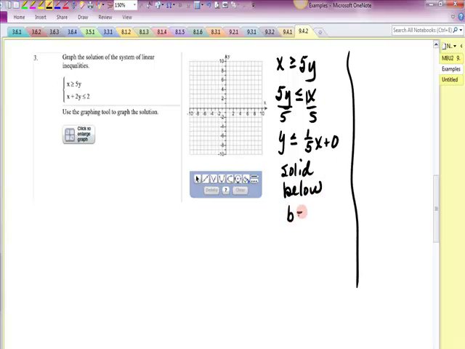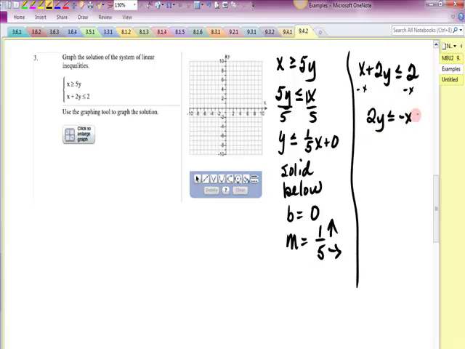I will begin at the origin of 0, and my slope is 1/5, which tells me to move up 1, right 5. The other line is x plus 2y is less than or equal to 2. Subtract x, 2y is less than or equal to -x plus 2.